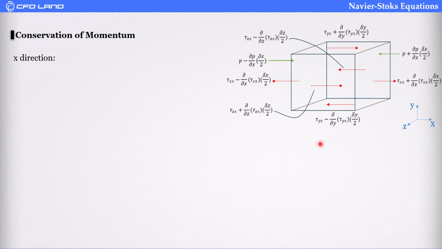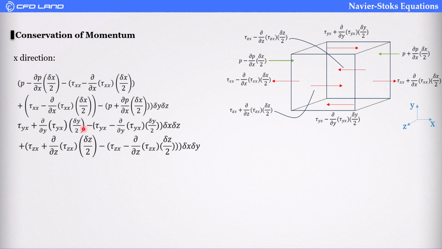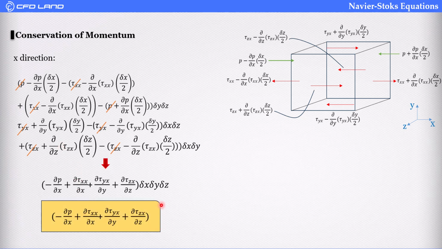Now, we would like to write forces acting on fluid element surfaces in x direction. Now, we can simplify it. Some terms are cancelled, and we have this last equation, that is per unit volume.